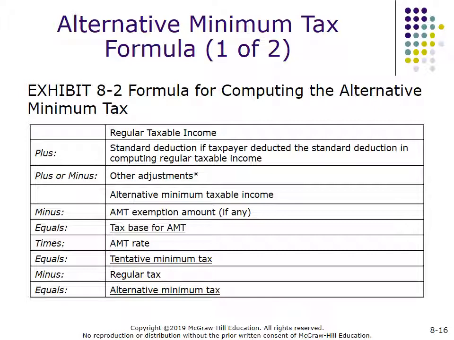I apologize for this. To learn more about the net investment tax, it's on the bottom of page 8-5, and let's look at the example on 8-6, Example 8.4. And then we'll talk about alternative minimum tax.